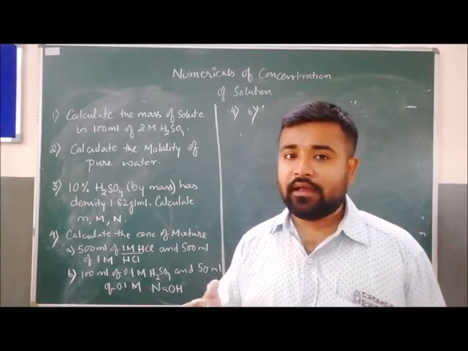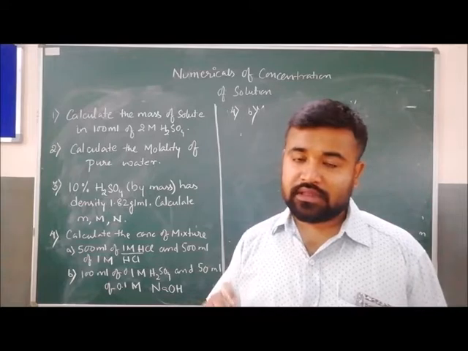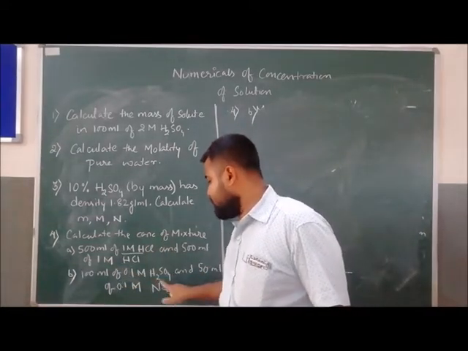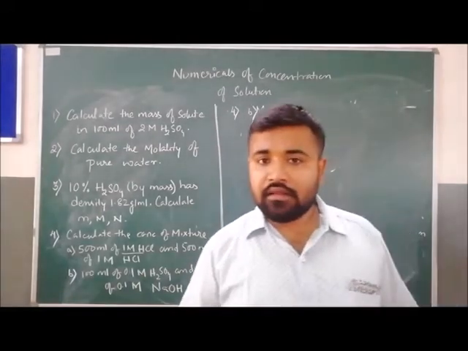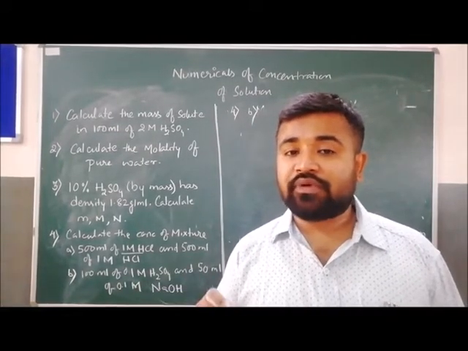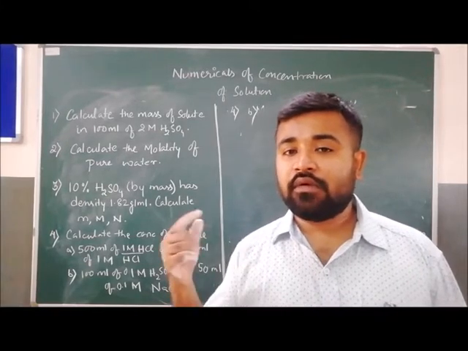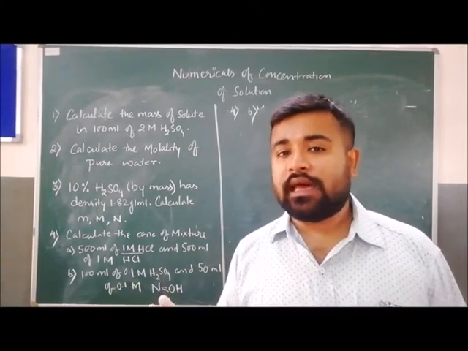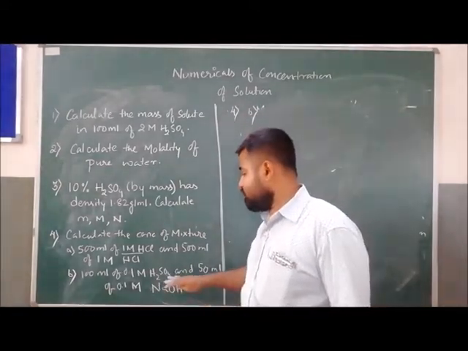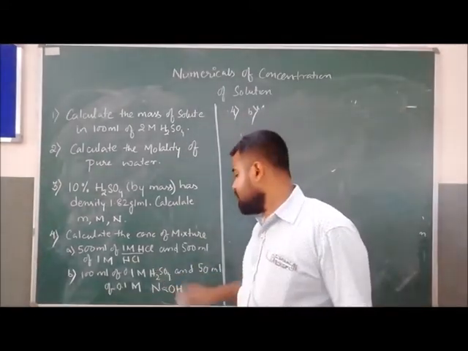There we will not add, there we will subtract. So whenever there is one acid and one base, we use the dilution formula in which we subtract the concentration of acid from base or base from acid. Clear? So here we will use the second formula of the dilution.